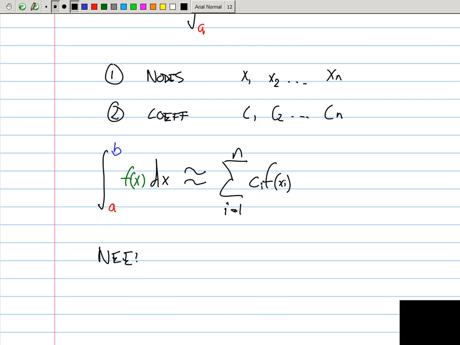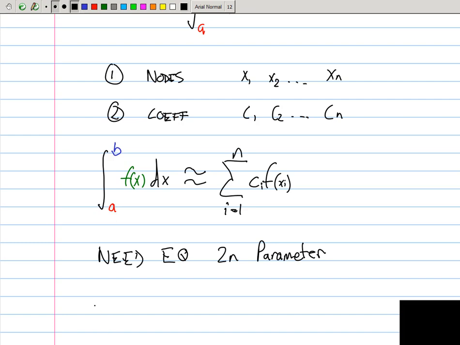So in order to solve what they are, I'm going to need an equation with 2n parameters. What I mean by that is we have n parameters in terms of nodes and n parameters in terms of coefficients. So we need something with 2n parameters because we need to solve for both.